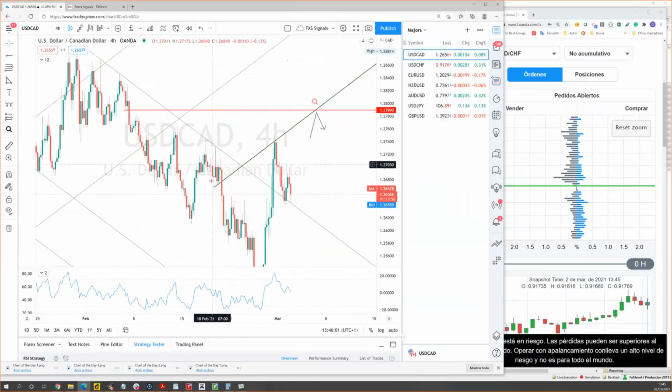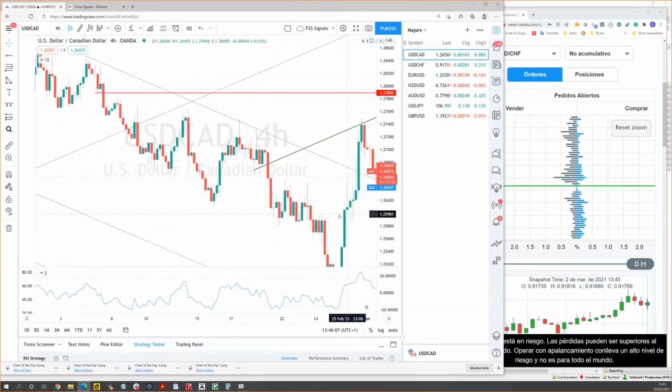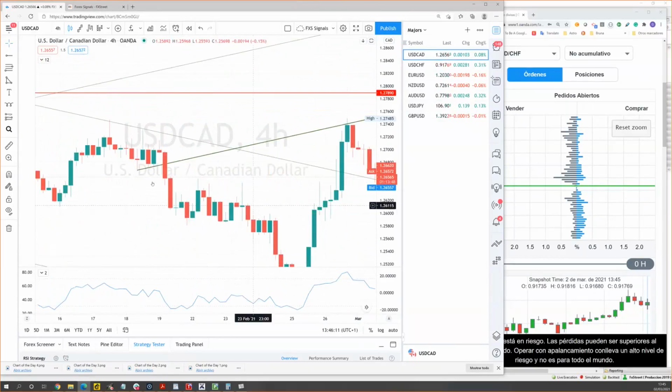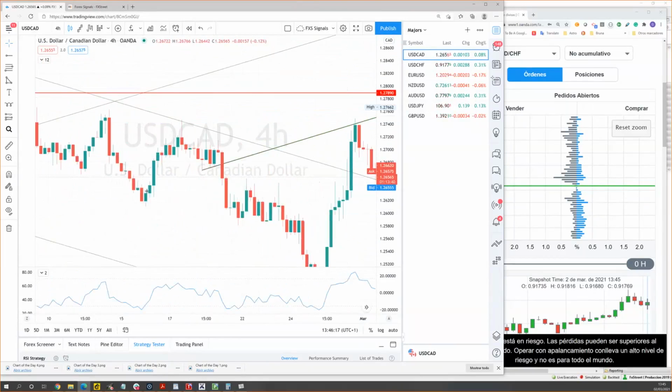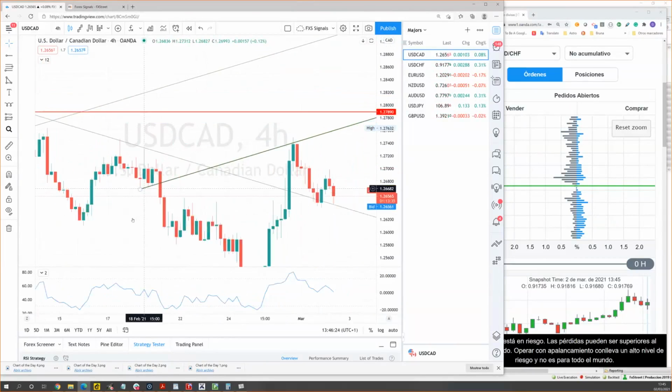That means a level which was tested here as support. You see these three wicks here reacting to a certain angle, and this is nothing else than the same angle that we have been using for months and months. It's just projected. This candle here broke the line, so we are expecting that this line further in the future can be tested from the opposite side as resistance.